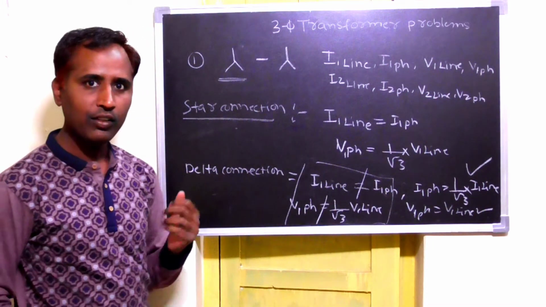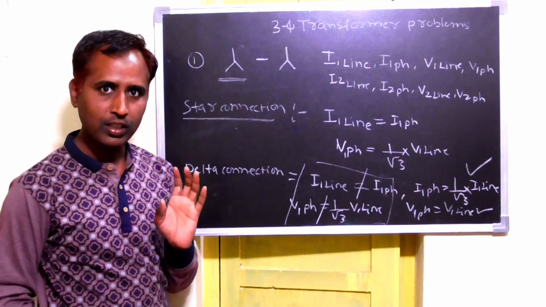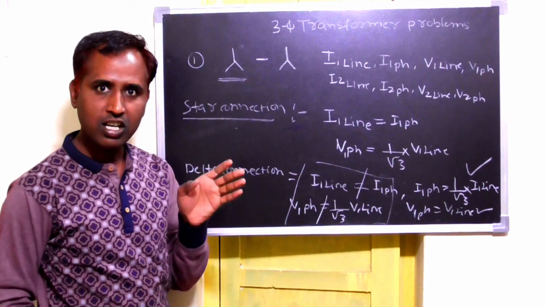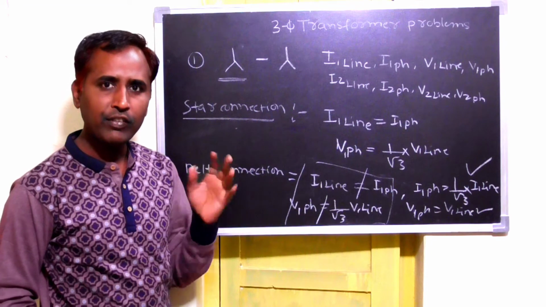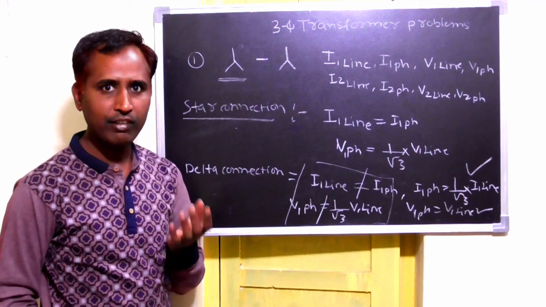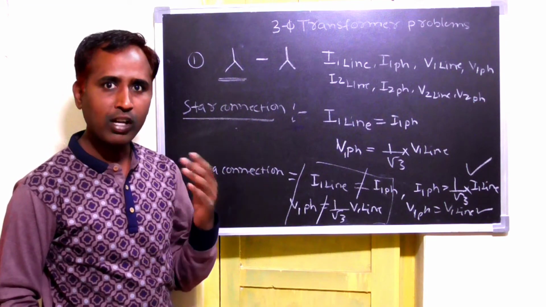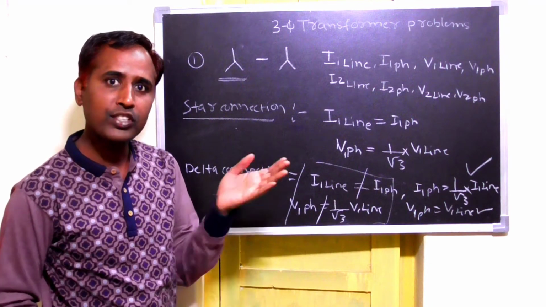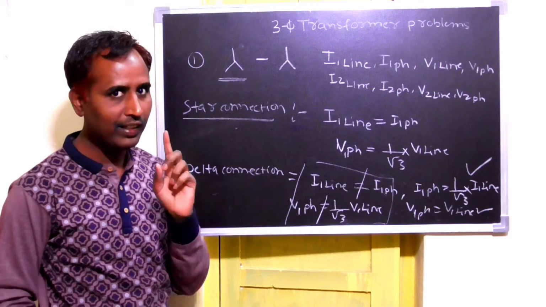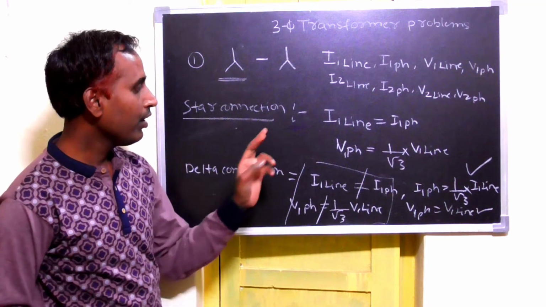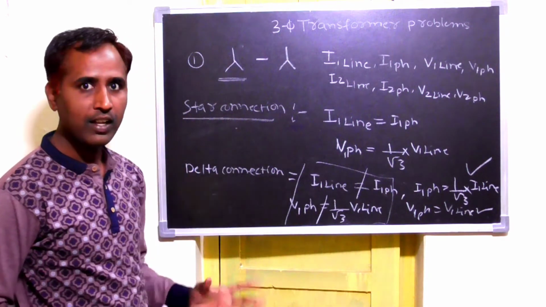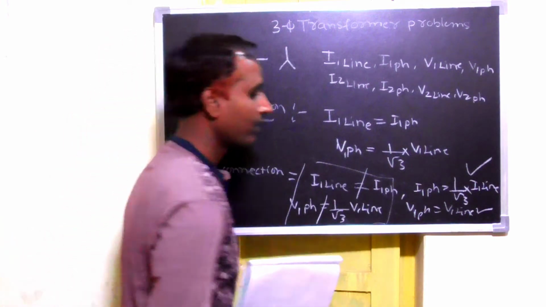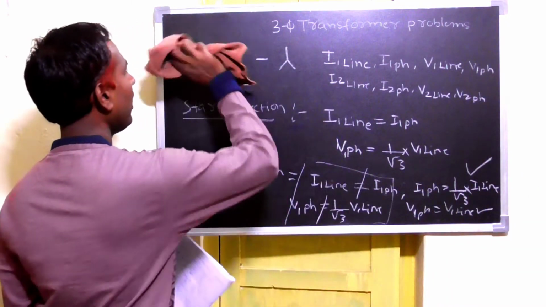When solving problems on star-delta, delta-star, delta-delta connections, we forget and get confused about which formula is used for which connection. That's why you should remember these formulas. Otherwise, I will give you one trick to remember them.